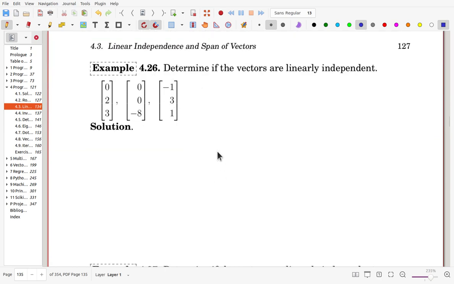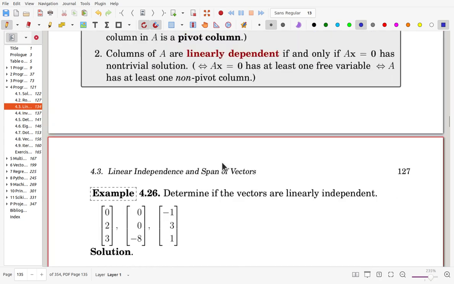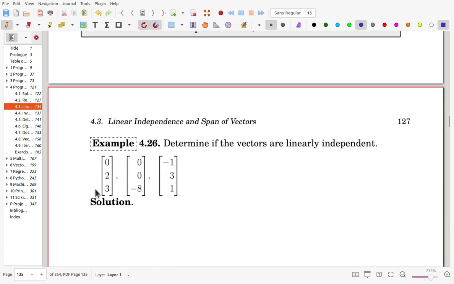Determine if the vectors are linearly independent. So we'll try to use the technique we developed here. We'll make a matrix by collecting these vectors and see if there is a free variable or non-pivot column.